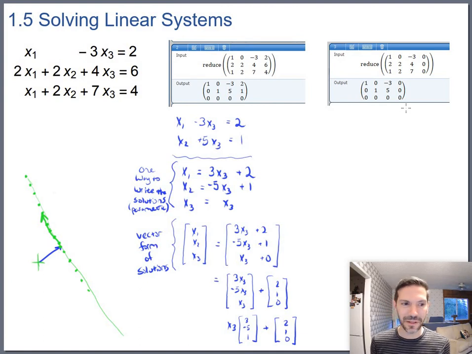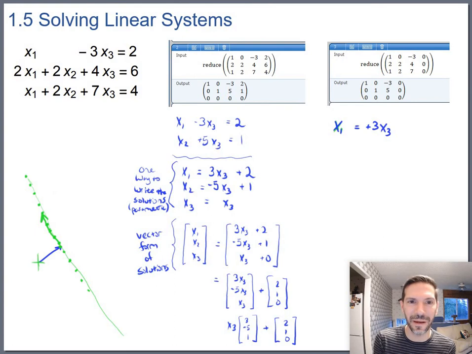So let's see if we can describe that solution set now. The equations would look like x1, let me go back to blue, x1 equals positive 3 x3 plus 0.